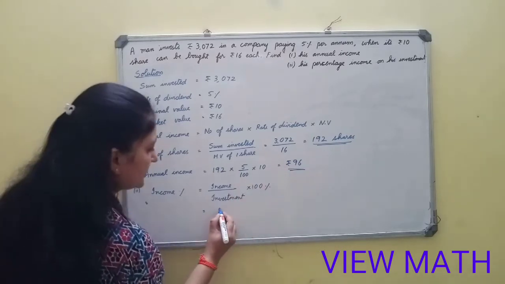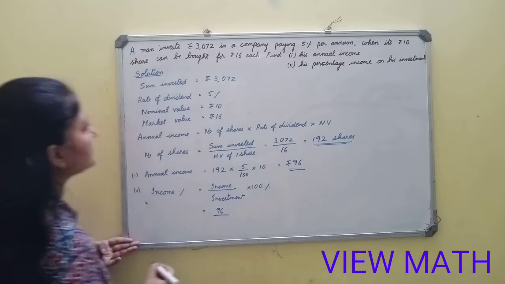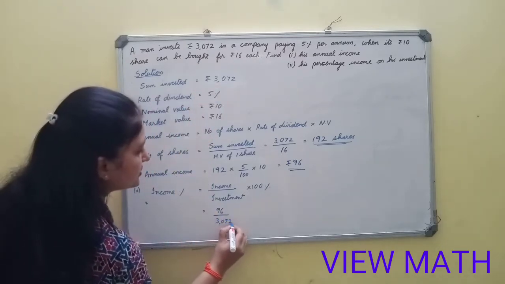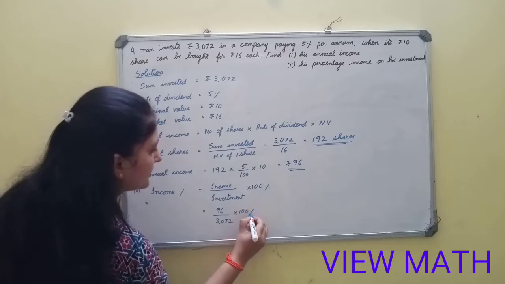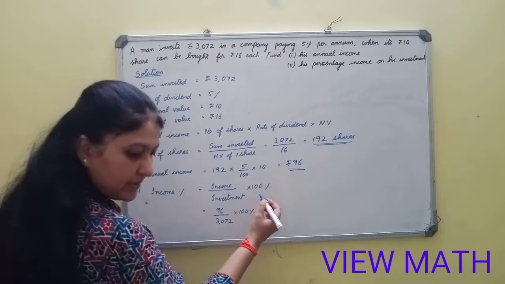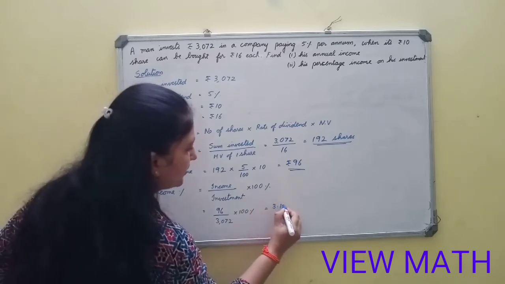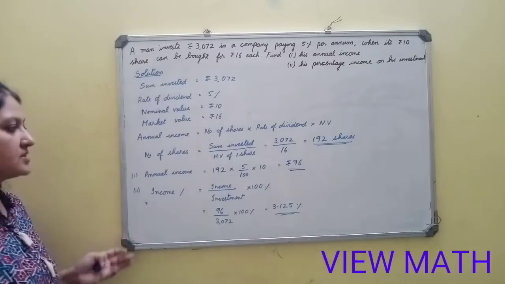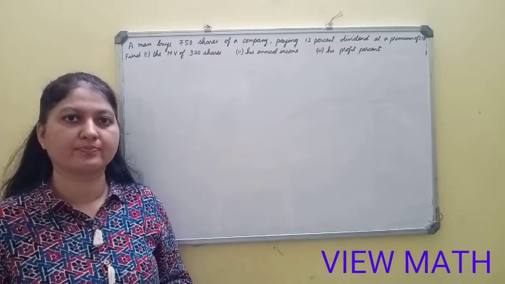Just now we found out it is 96. Investment, sum invested is 3072 into 100%. I will give you the answer. So try to find out by yourself. 3.125%. So this is an income percentage.